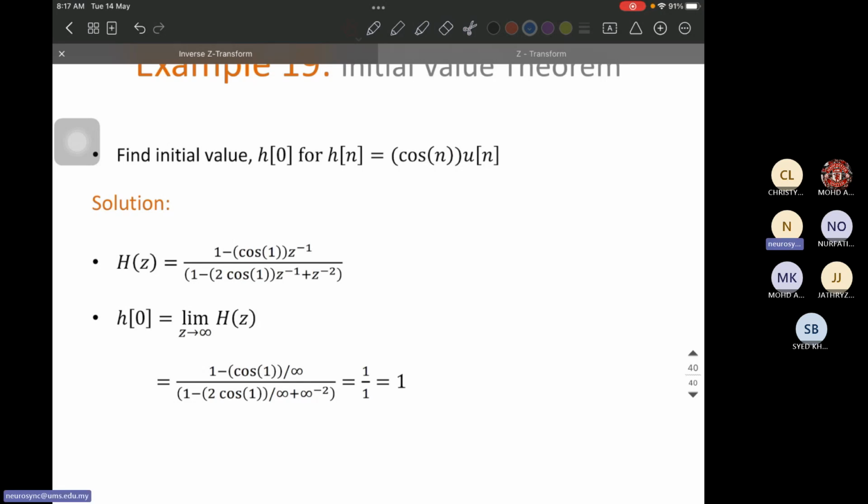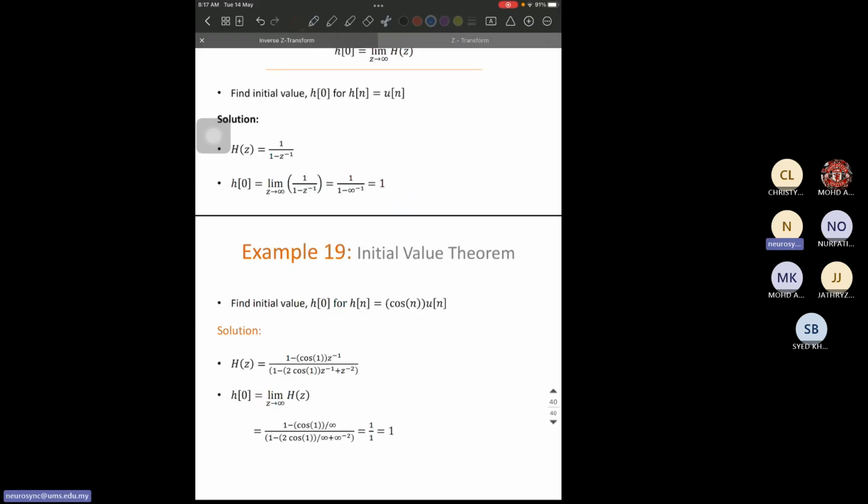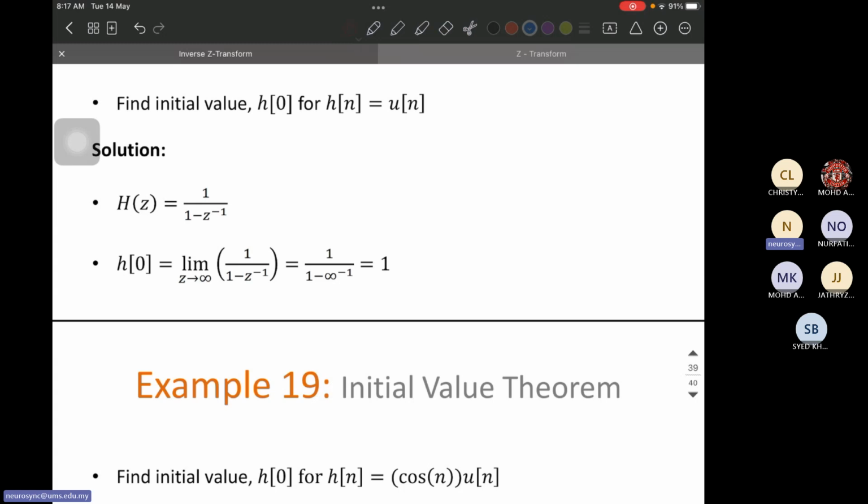So all these are the properties of the Z transform. By looking at the example, you should know which property you will use. And this is a very important topic for your end semester examination. Z transform, inverse Z transform, and the properties of the Z transform are all very important topics.